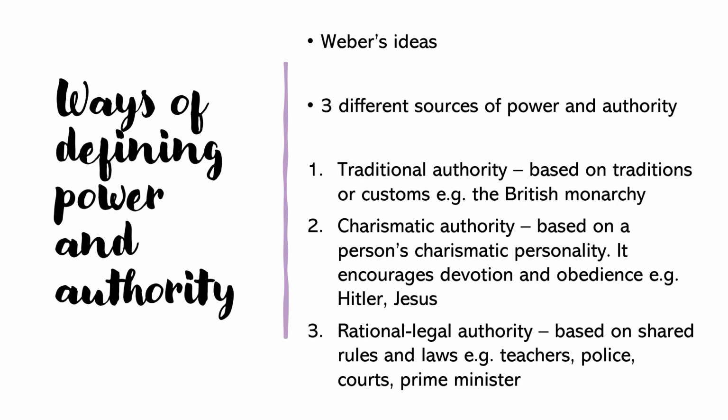The second type by Weber was charismatic authority. Weber said some people have authority just because of their personality, that they are able to draw people into following them, to being devoted to them and being obedient to them. Now, examples of that might be people like Hitler, might be, if we go back to those pictures, perhaps Donald Trump might be seen as a charismatic authority because of who he was before he became the president.